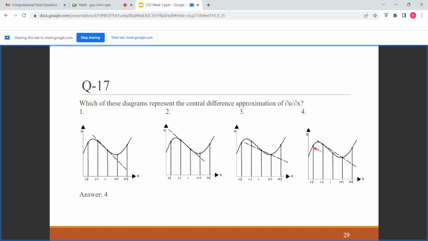There are different approaches, and the last one is the central difference scheme, where we are using the i plus 1 and i minus 1 terms. Therefore, this is the correct answer. The central difference scheme is passing through ui plus 1 and ui minus 1 divided by 2 times delta x. So the answer is option 4.